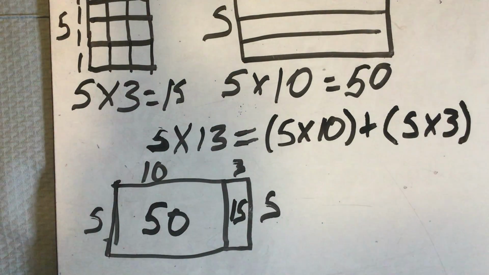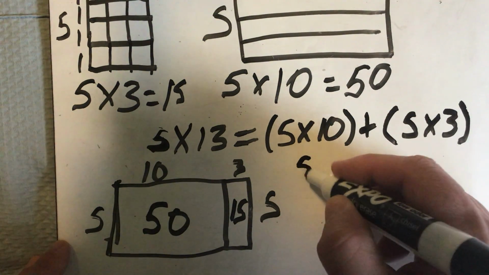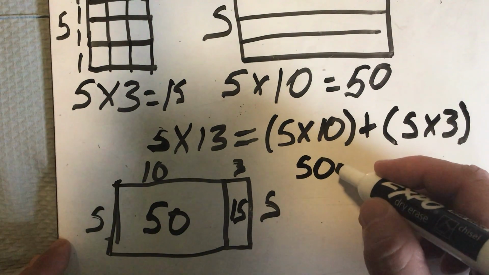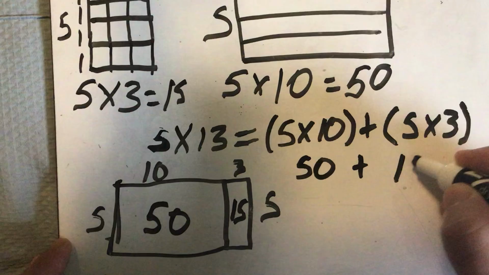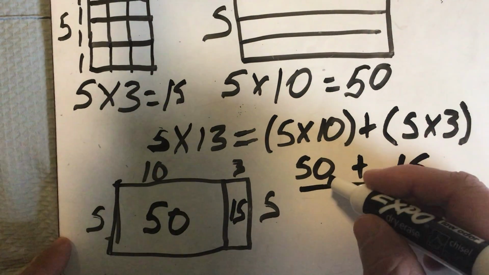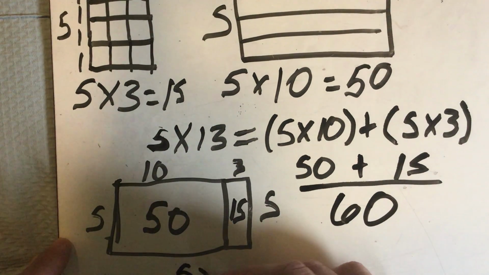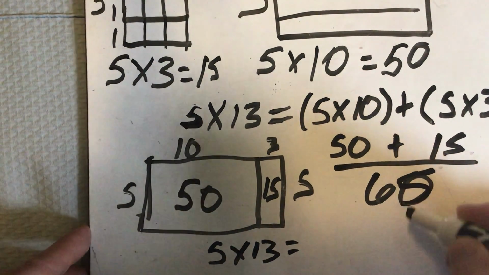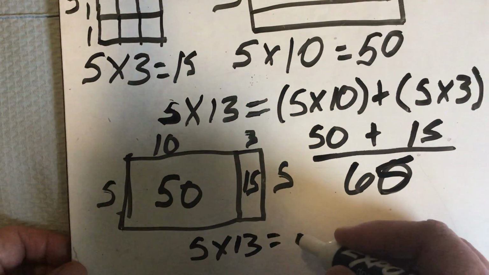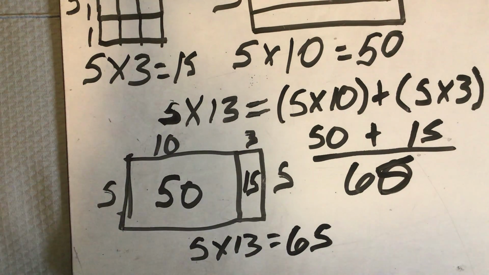We solve this first part first: 5 times 10 equals 50. Then 5 times 3 is 15. We had already solved that. 50 plus 15 equals 65. So 5 times 13 equals 65. I said 65 but I wrote 60. It equals 65. That's a nice strategy we could use to solve a problem.